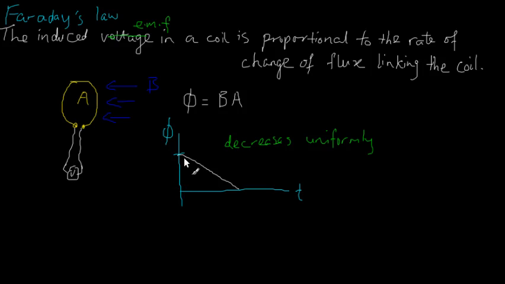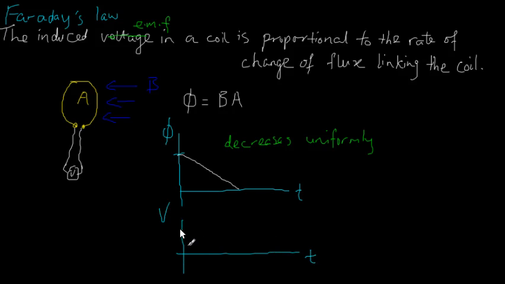Now, if this decreases uniformly, we know what happens when the flux linking the coil decreases. An EMF is induced. Let's say the voltmeter can measure this EMF. So the voltmeter will measure a voltage. Suppose that I imagine plotting a graph of the voltage.